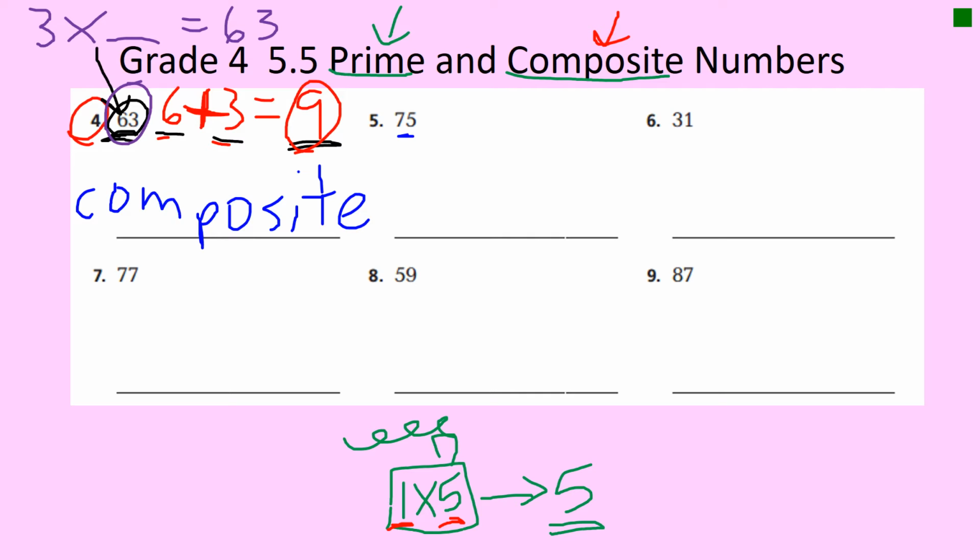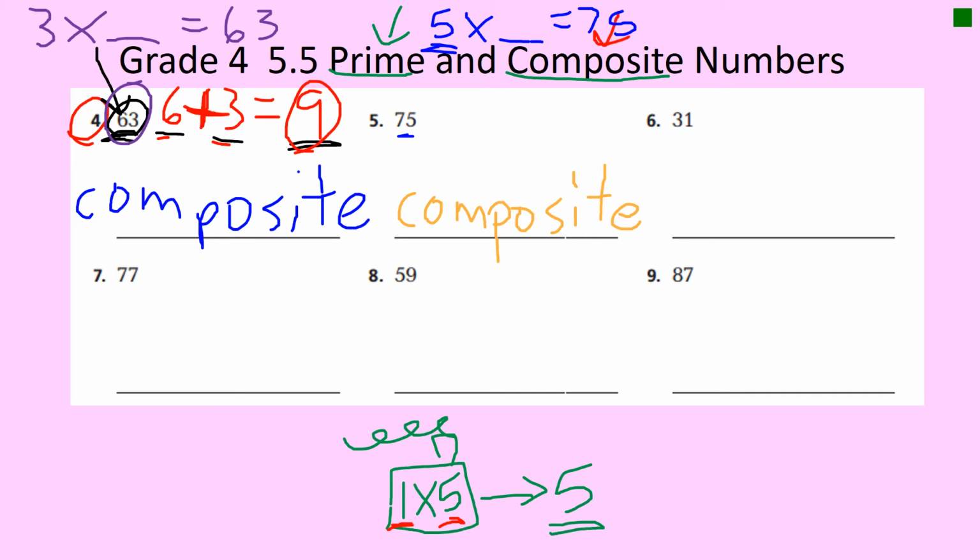So that means that 5 times something, we don't even care right now, is 75. So 75 has 5 as a factor. So 75, you are not prime either. You're composite. Okay?